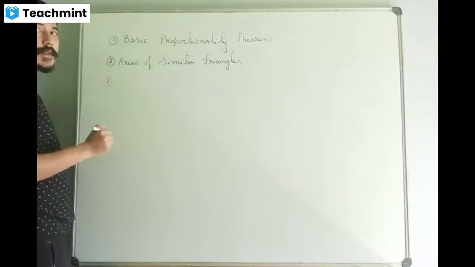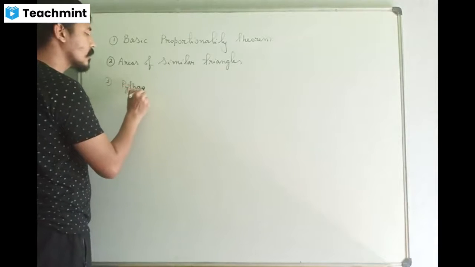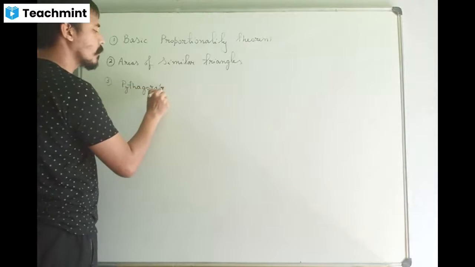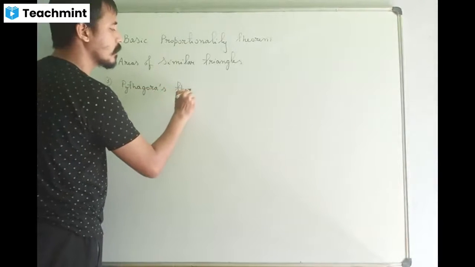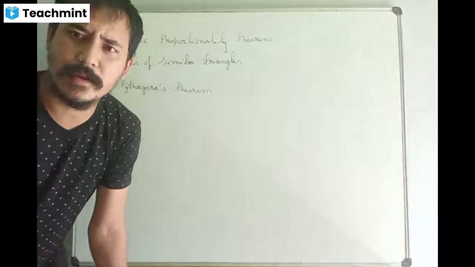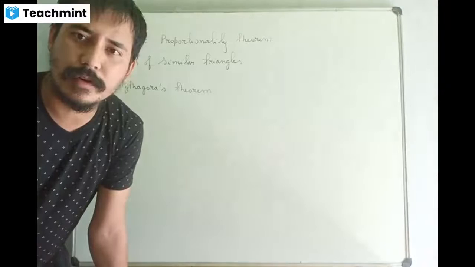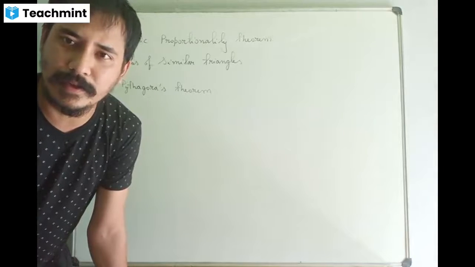The third theorem is your Pythagoras theorem, which you are already familiar with. We've been talking about the Pythagoras theorem since chapter 8 trigonometry, but we are not sure exactly what it is and how to derive it, how to prove it.